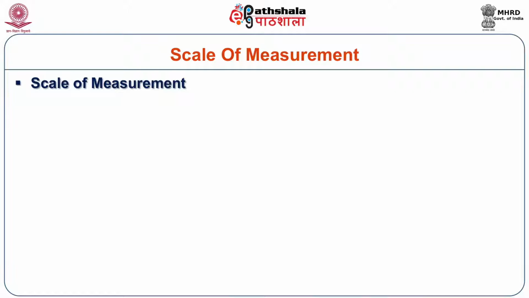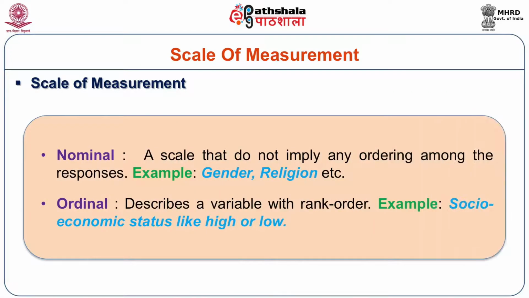In quantitative analysis, we use different kinds of scale of measurement. For example, nominal scale, where there is no ranking or a time-based ordering. Then we have ordinal scale, where there is a rank-based ordering.